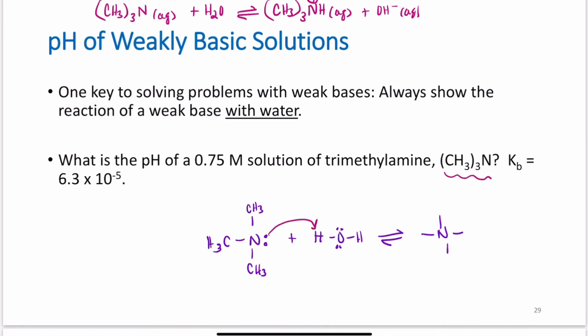That nitrogen grabs the proton, leaves its electrons on the oxygen, giving me OH minus. So this is what's happening, and I want to know what's the pH of the system if I have a 0.75 molar solution.